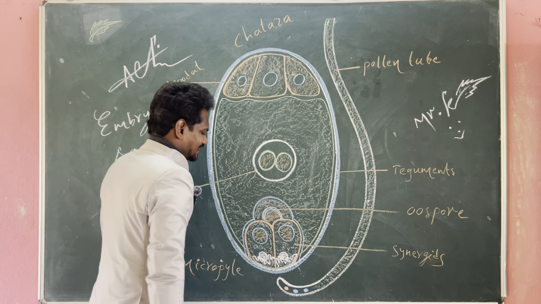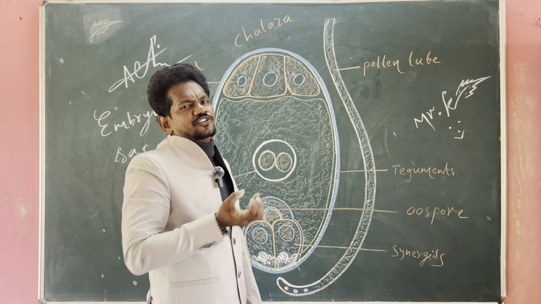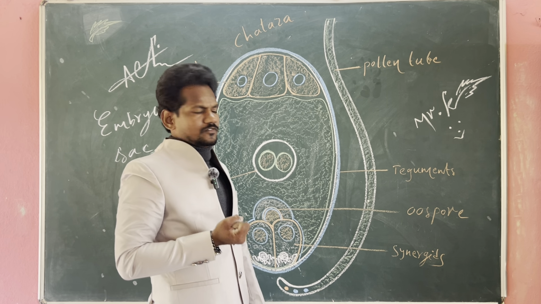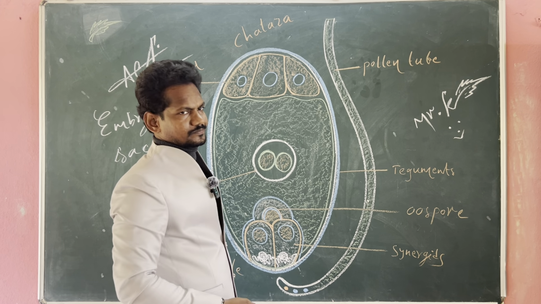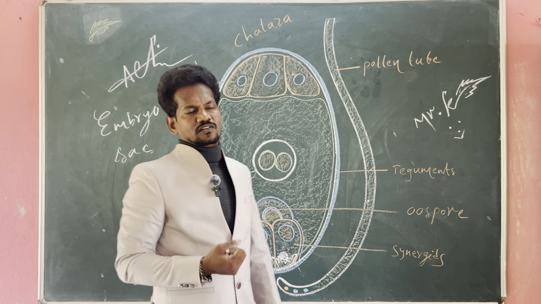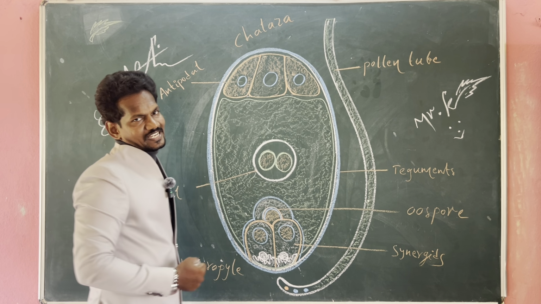Also, the synergids and filiform apparatus absorb the nutrients from the surrounding nucellus and provide nourishment to the entire embryo sac.